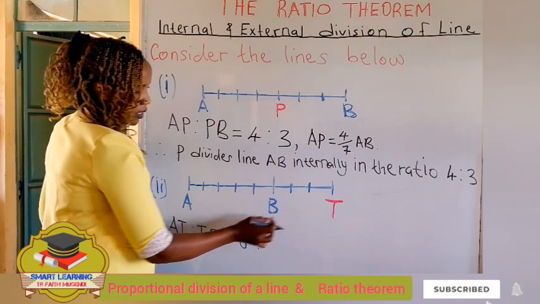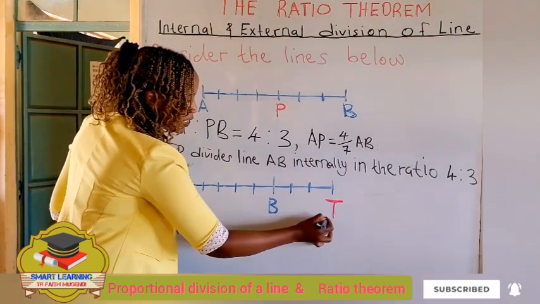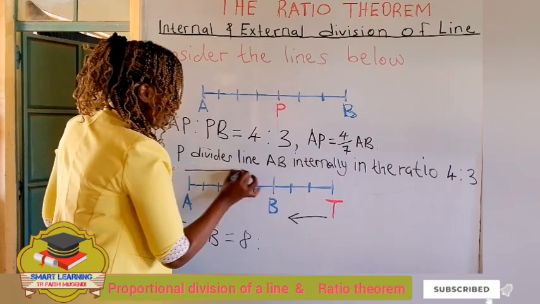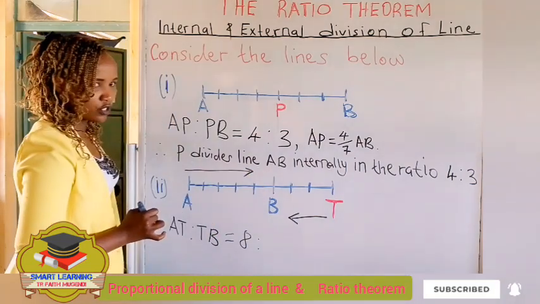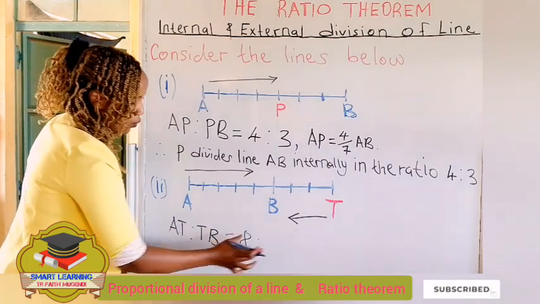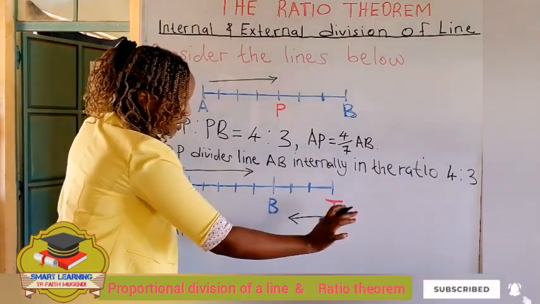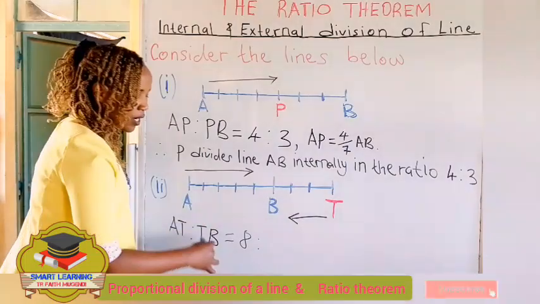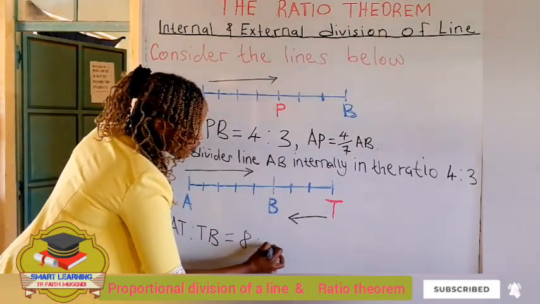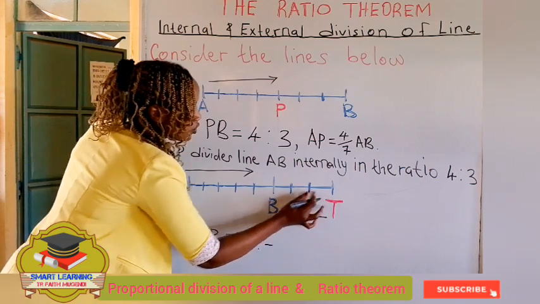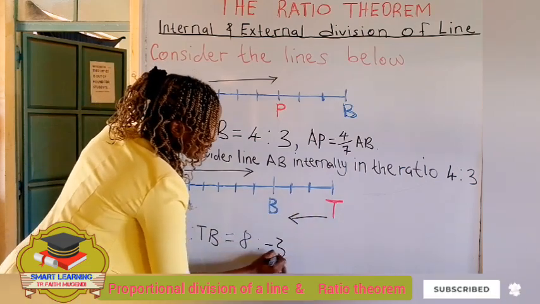And TB, this one is taking the opposite direction. Remember, we have taken AB to be the positive direction, just like in the first case. Since AB is the positive direction and now we want TB, we have to show that it is taking the opposite direction, 3 parts.